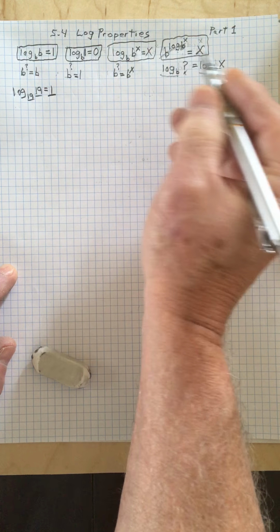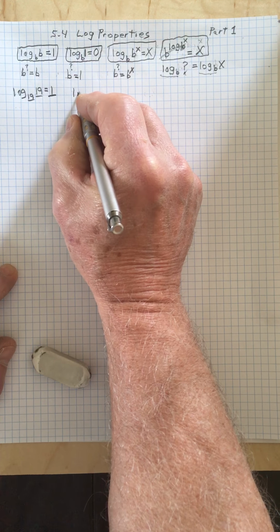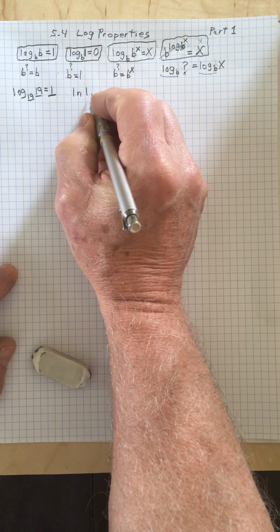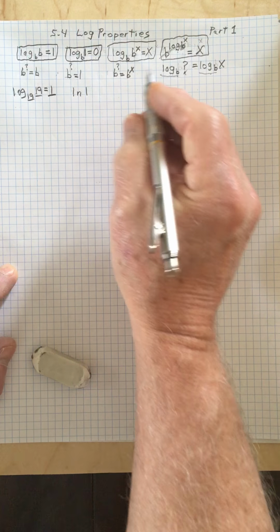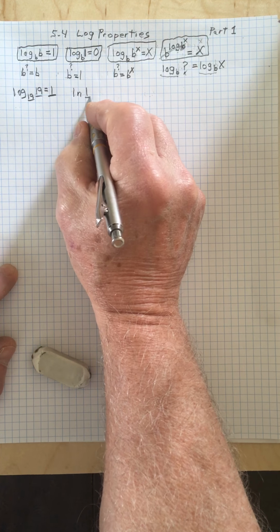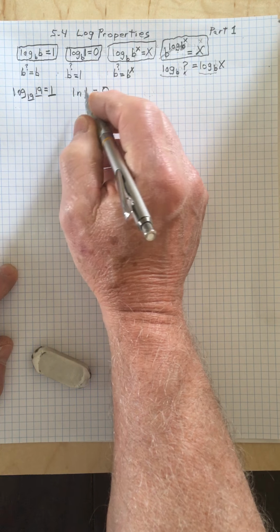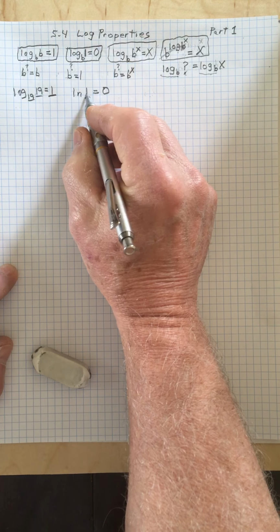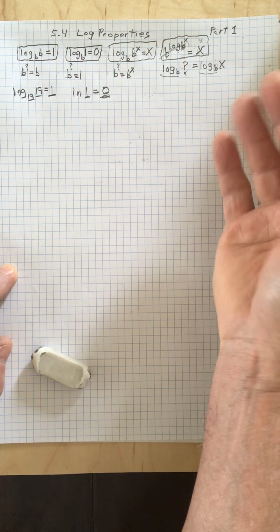So let's look at another one. How about natural log of 1? Well, natural log is still a log, it's just log base e. And again, anytime you have the log of 1, you always have 0. It doesn't matter what the base is. If it's log of 1, it's 0.